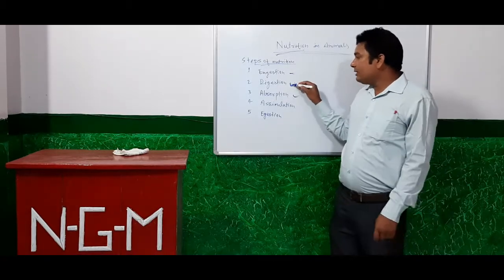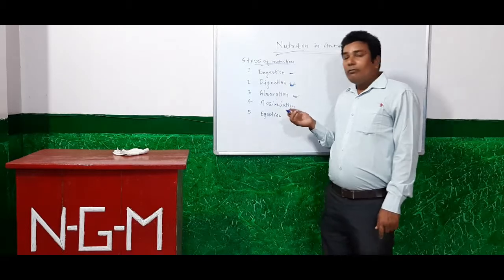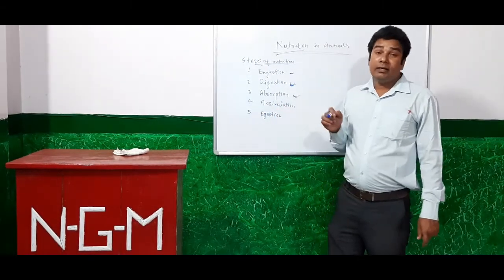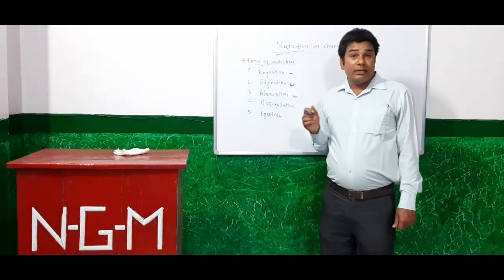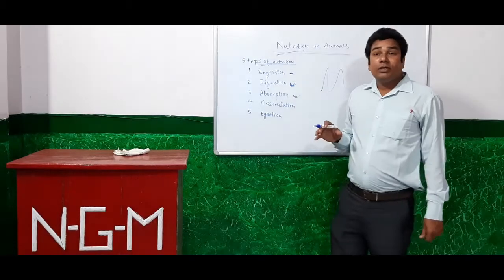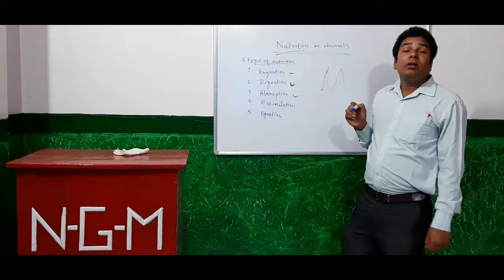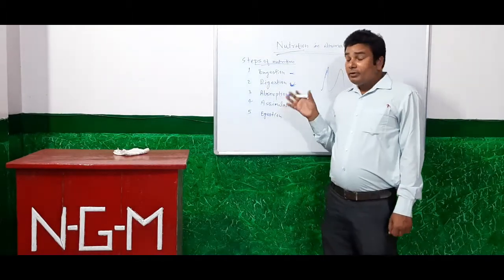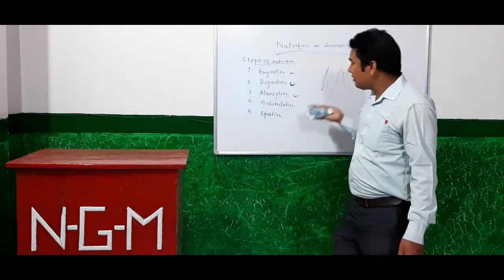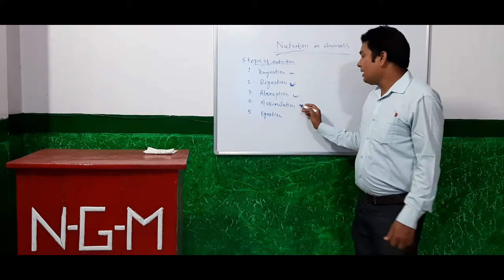Once the food is digested, it is absorbed by blood because villi are present in our small intestine, finger-like projections, and these projections absorb the digested food because they have a rich blood supply, and blood absorbs digested food and sends it to all cells of our body. Next topic is assimilation.